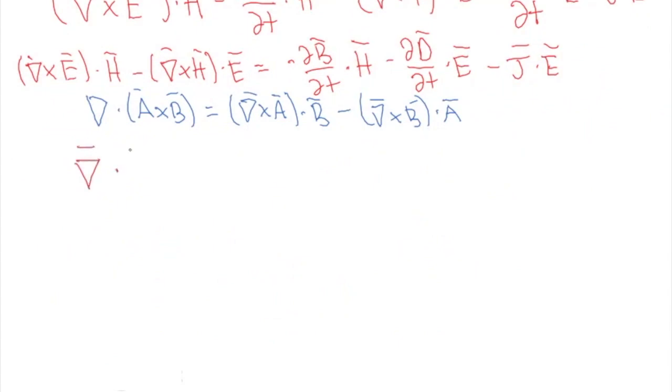So now for our left hand side, we have the divergence of the electric field crossed with the magnetic field.